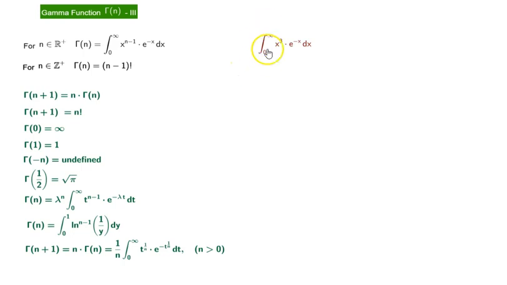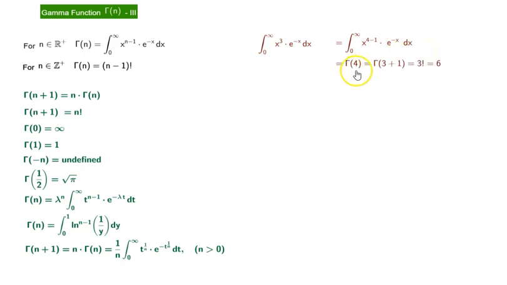Integral from 0 to infinity of x cube times e to the power of minus x dx. Pretty straightforward. If we look at the definition, we have to write x cube in terms of x to the power of n minus 1. So we have integral from 0 to infinity of x to the power of 4 minus 1 times e to the power of minus x dx.